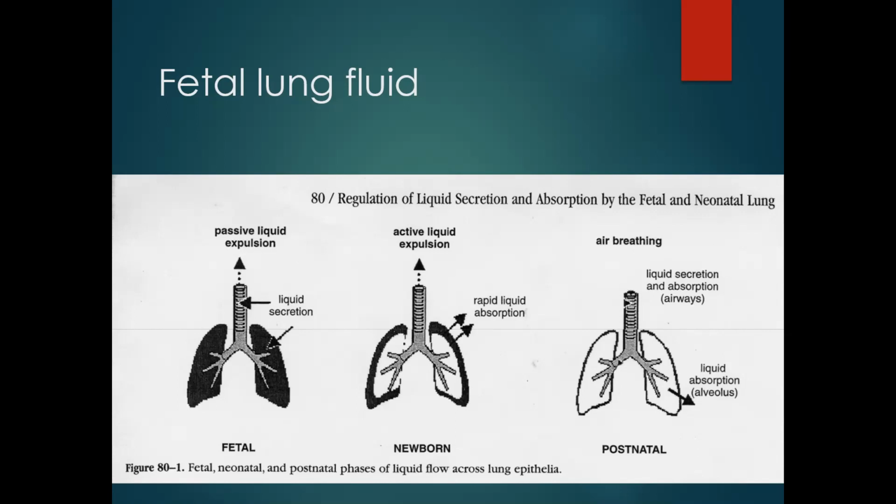So during the newborn period, the air fills the lung and prepares it for normal breathing. Some of that fluid has already been absorbed during labor, and then during lung expansion. And then postnatally, you can see the lungs are well expanded, and the rest of the liquid absorption will proceed in a normal fashion.